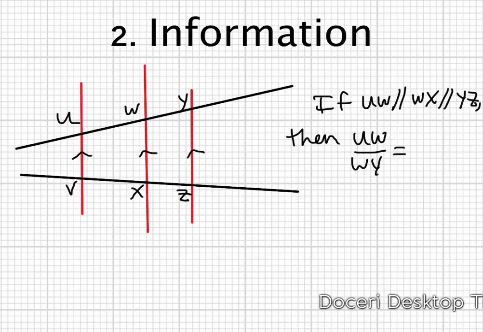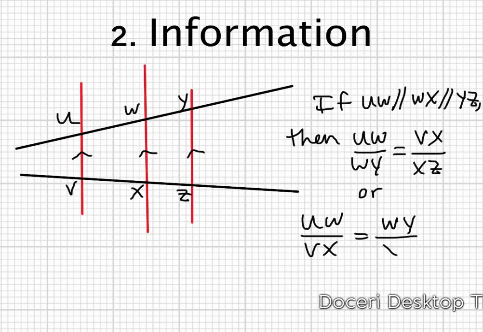So, UW over WY equals VX over XZ. Okay? Now again, because our proportion rearrangement properties allow me to move it around, I can also say UW over VX will equal WY over XZ. Both of these are true. Okay?